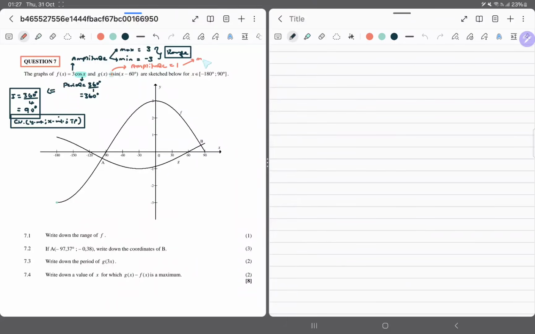That means the maximum here and minimum. Max is going to be that value, minimum is going to be the negative version. Usually the smaller is the minimum, the bigger is the maximum. Even if this was a minus 1, this would still be the case. And then again, that gives us the range of that function.